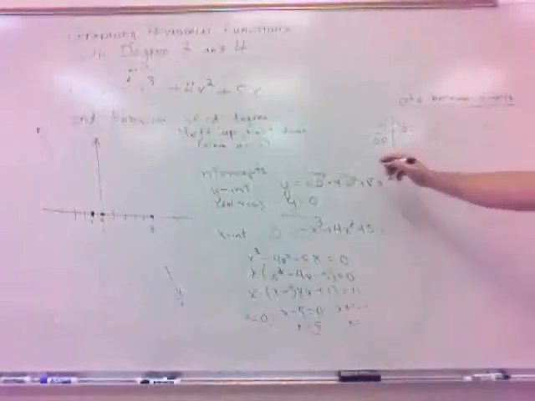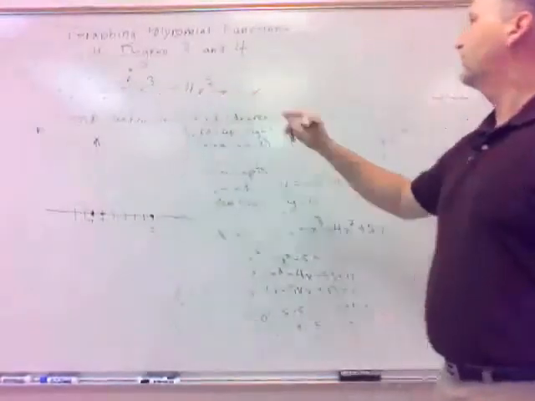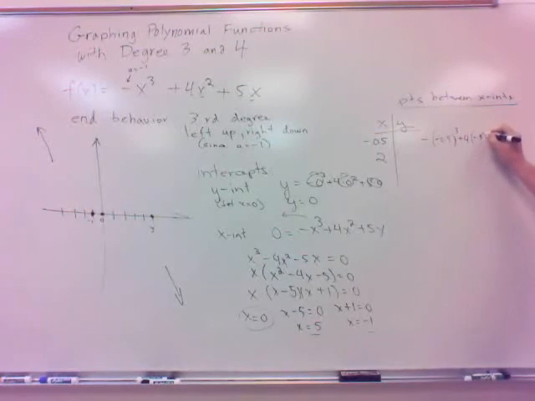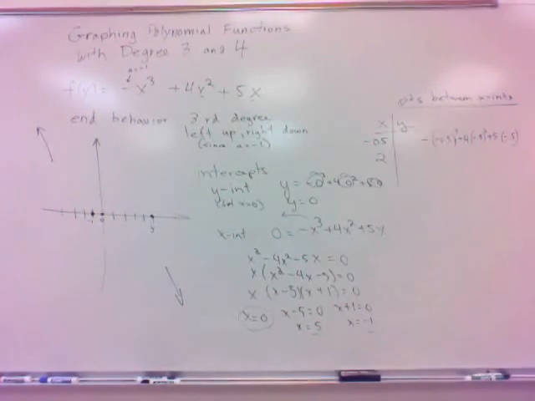So just plug in -0.5 everywhere. So that would be a negative of -0.5 cubed plus 4 times -0.5 squared plus 5 times -0.5. What does that give me?